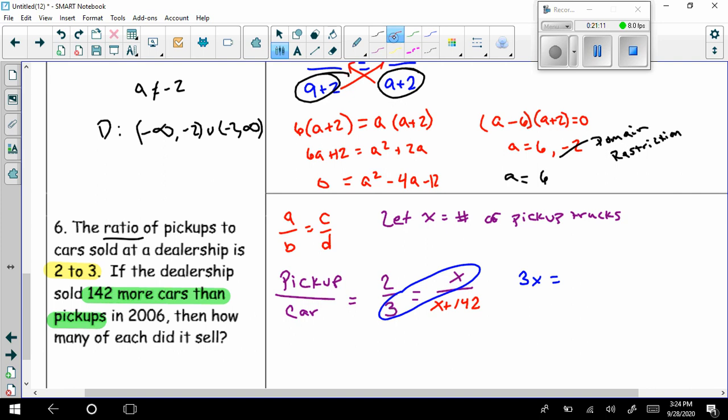And that's equal to, and then we're going to multiply here. And that's 2 times x plus 142. And then we can just solve algebraically. So 3x equals 2x plus 284. So x equals 284.